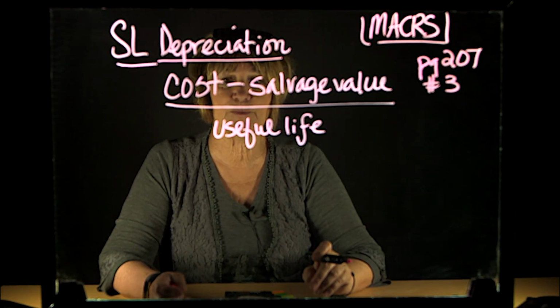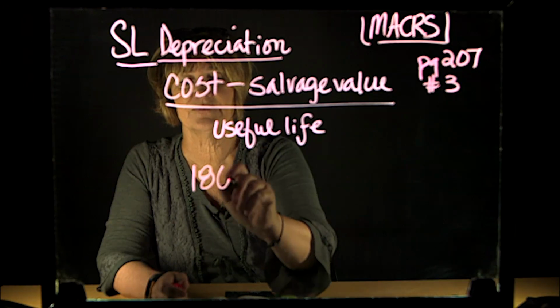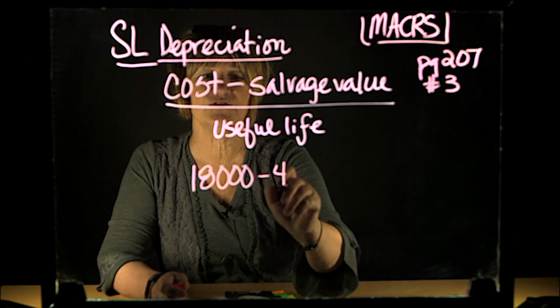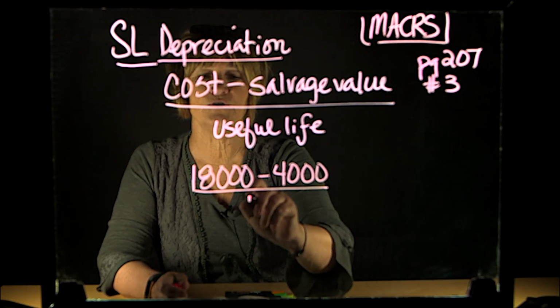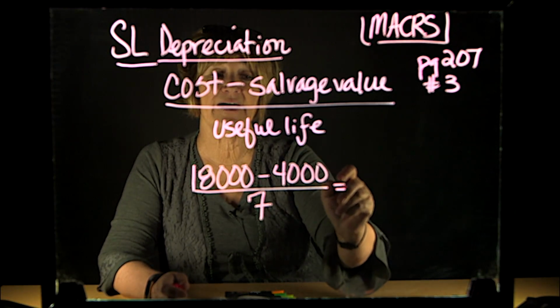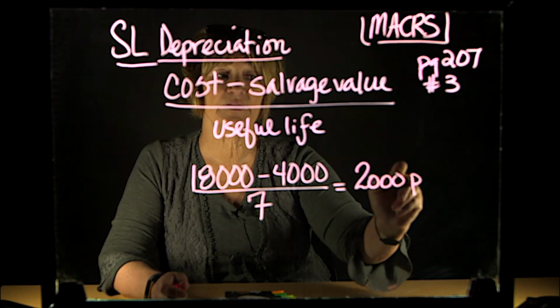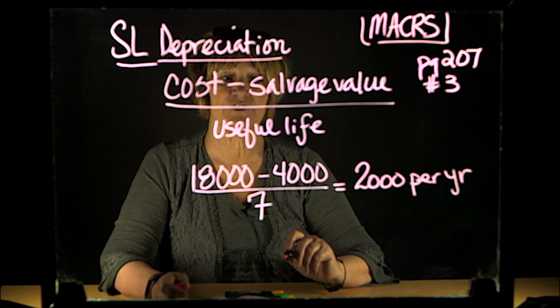In this particular problem, they tell us that the cost is $18,000, the salvage value is $4,000, and the useful life is 7 years. When we do the math, we end up with $2,000. So this will be $2,000 per year of depreciation.